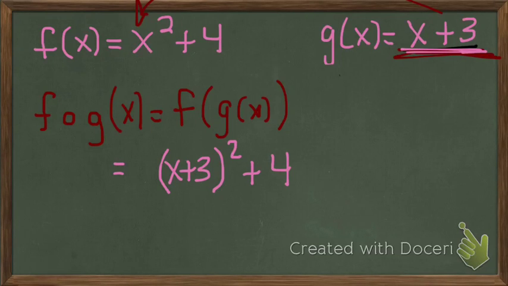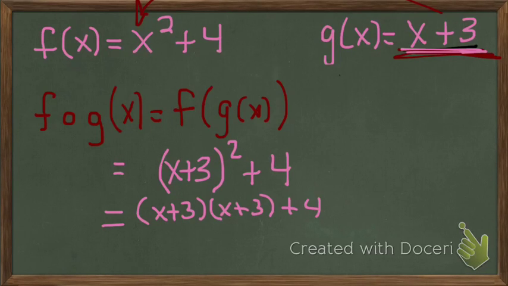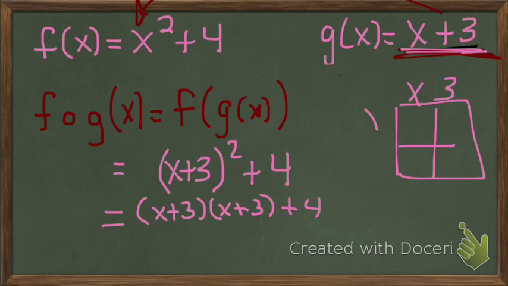So you have x plus 3 quantity squared plus 4. This really means x plus 3 times x plus 3. Again, you can FOIL or you can use the box. I'm going to do the box. It helps me stay organized. So x times x is x squared, x times 3 is 3x, 3 times x is 3x, 3 times 3 is 9.